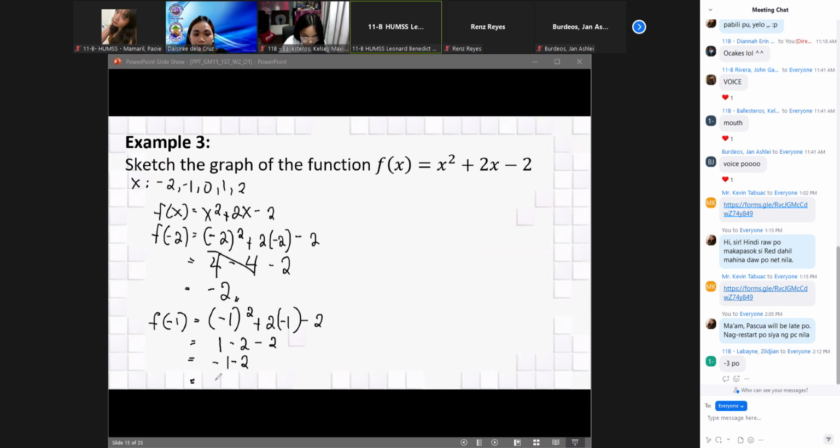Positive 1. Are you sure? Ayan na, nagkalito-lito na. Again, dito natin dalhin para mas malaki yung sulat. 1 minus 2 minus 2. So, unahin muna natin to. 1 minus 2. O, yung isa, bawasan nyo daw ng dalawa. Negative 1. Tama? And then, negative 1 minus 2.